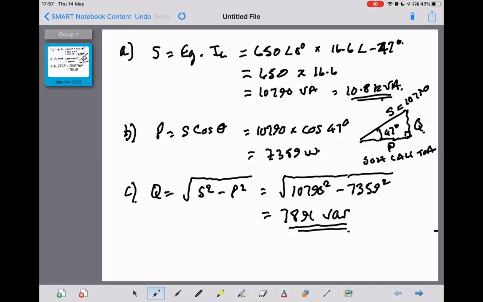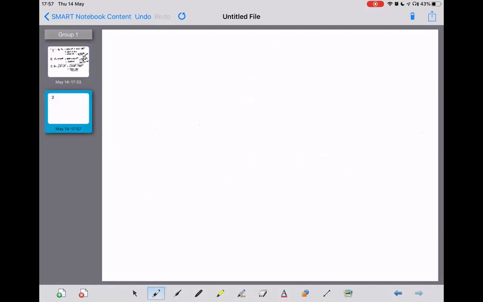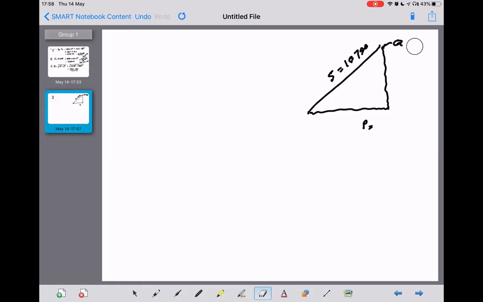Moving on from that, we now have a situation where S was 10,790, Q was 7,891, and P was 7,359.